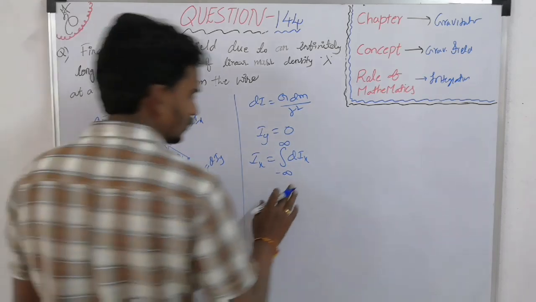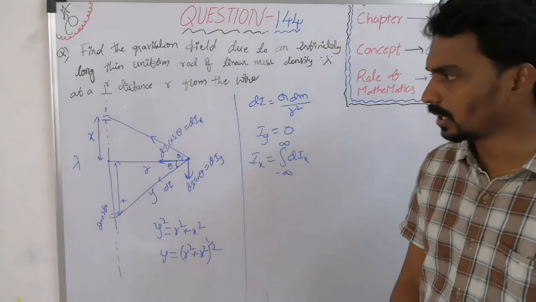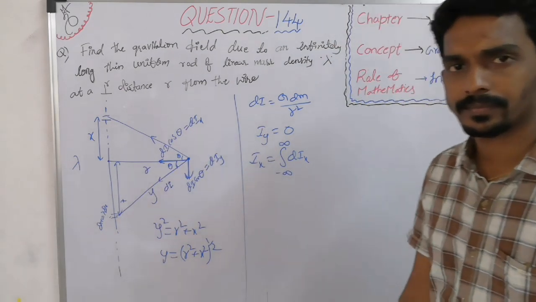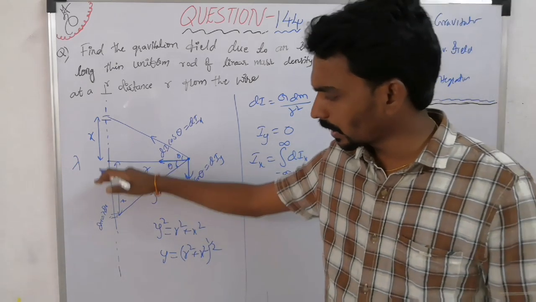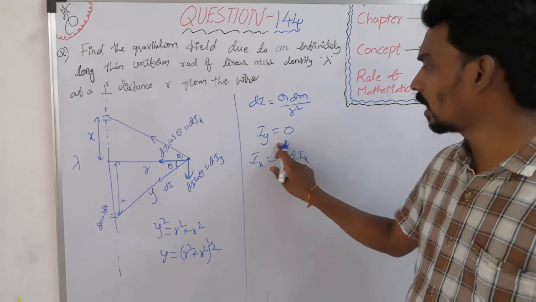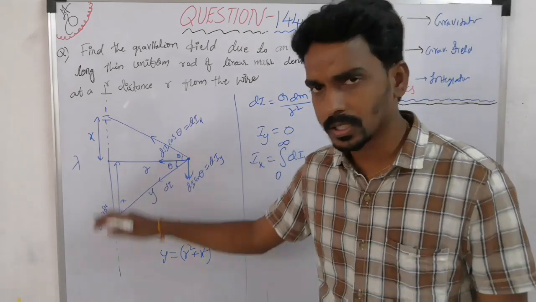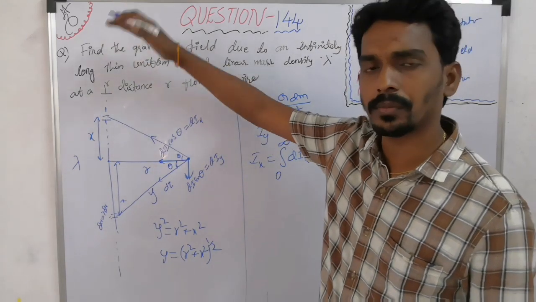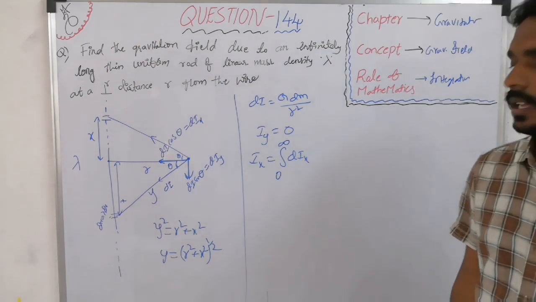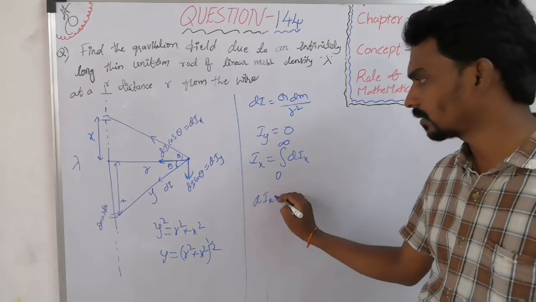Now, here you have considered two elements simultaneously. That's why if you integrate from 0 to infinity, then automatically you will get the answer for the other one, because integrating from 0 to infinity means you are also adding from 0 to minus infinity. So what is dIx?